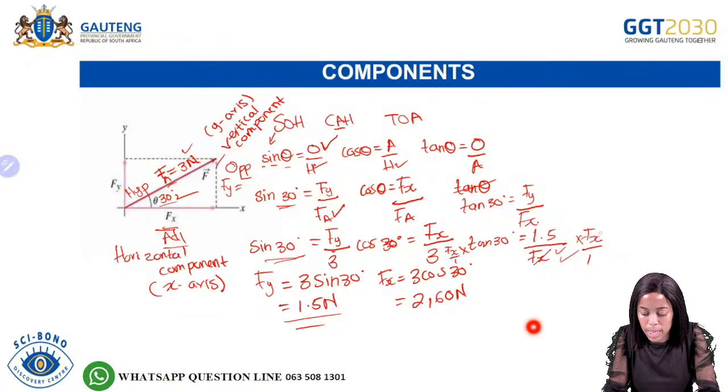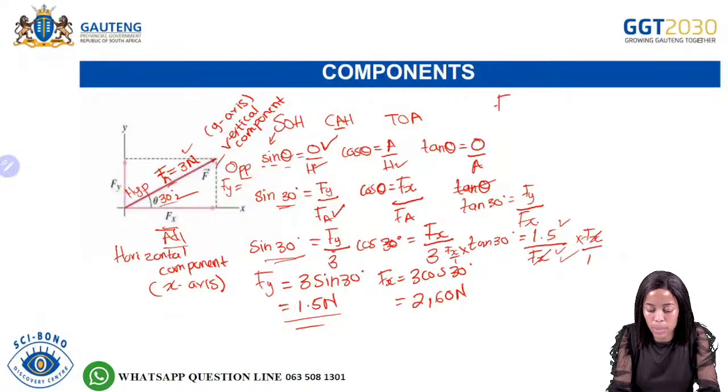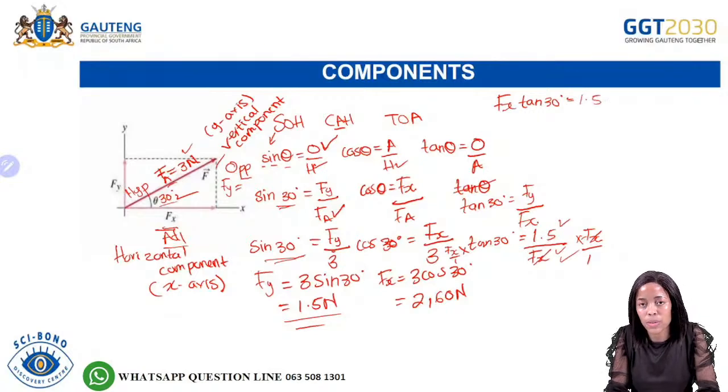So on the right hand side, what is going to happen? The Fx and the Fx are going to cancel, and then you're only going to be left with 1,5, and on the left hand side, you are going to be left with Fx tan theta. So I will just write it up here. Fx tan theta is equals to 1,5.